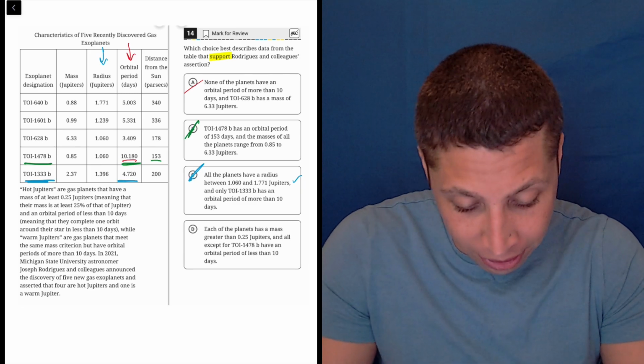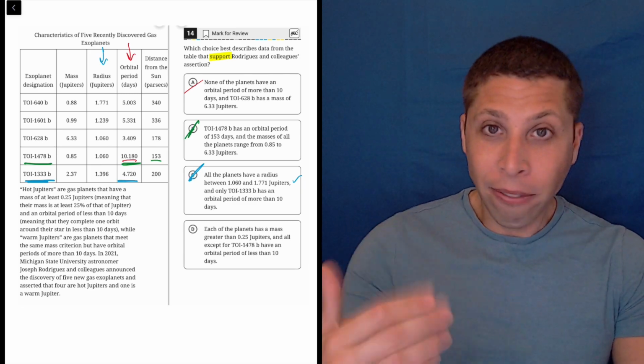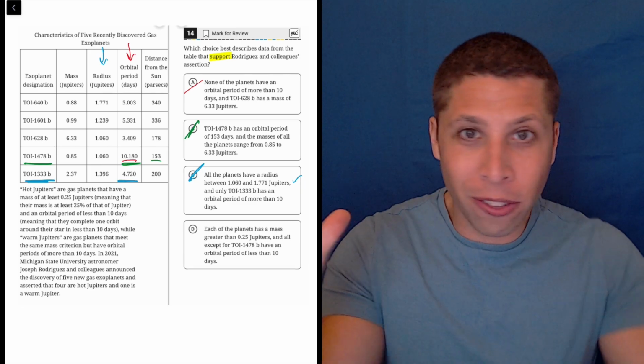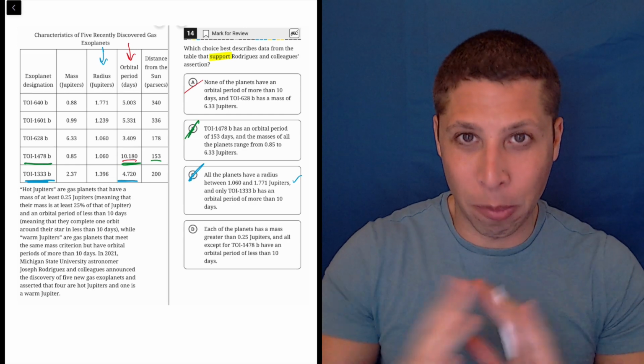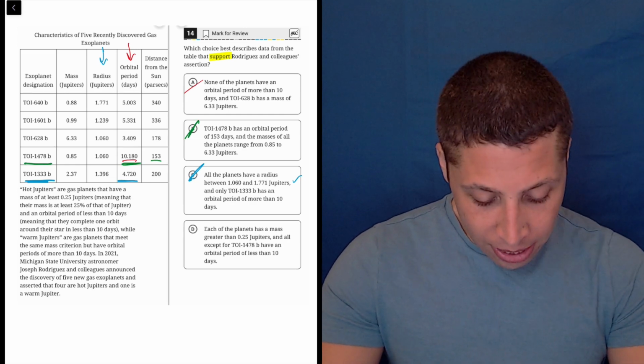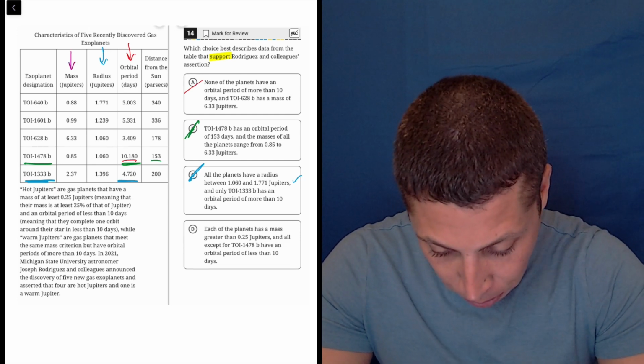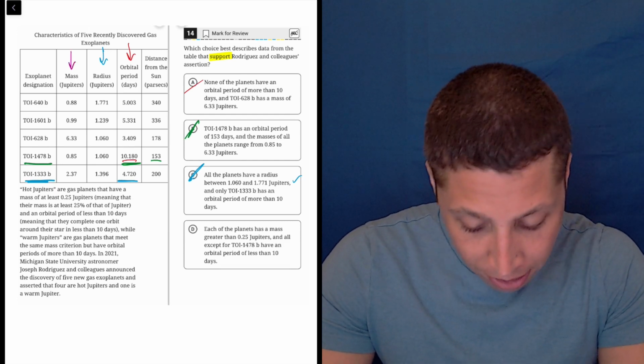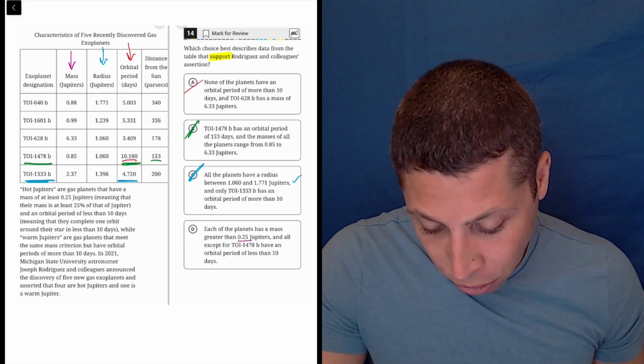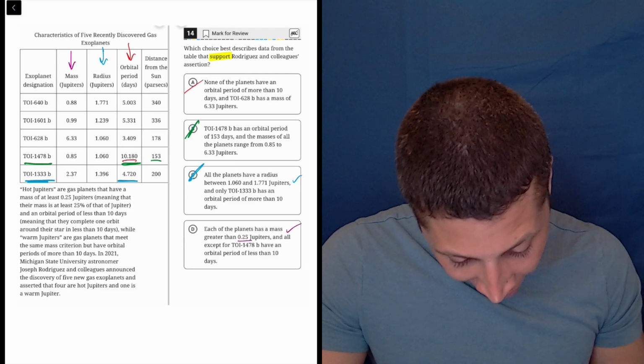So it's got to be D. Let's just prove it, right? Let's look at it and make sure. But every other choice is just factually incorrect. All you have to do is go to the right row and column, and it's provably wrong. D, each of the planets has a mass greater than 0.25 Jupiters. So mass in Jupiters is the first column. And yes, all of those numbers are greater than 0.25. So check.